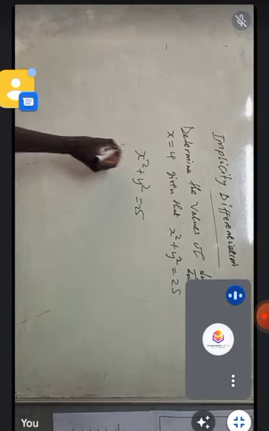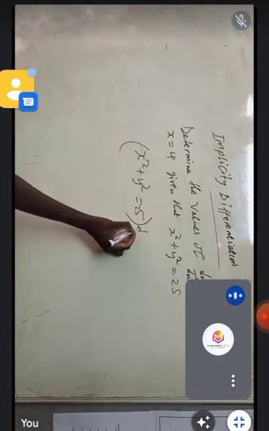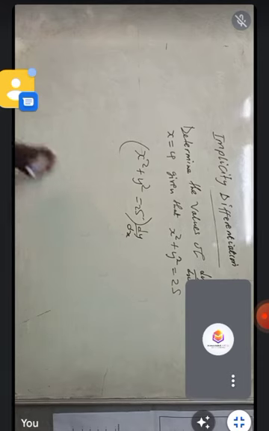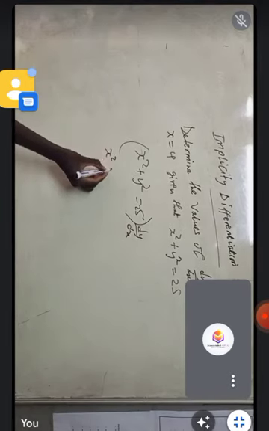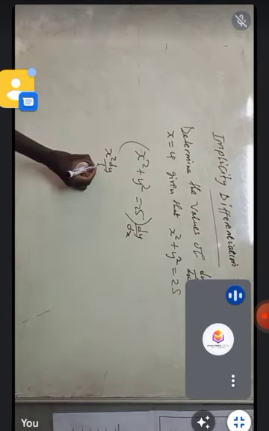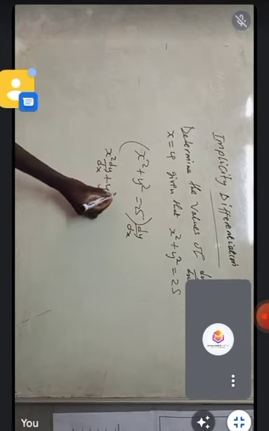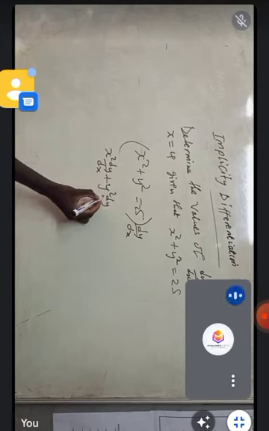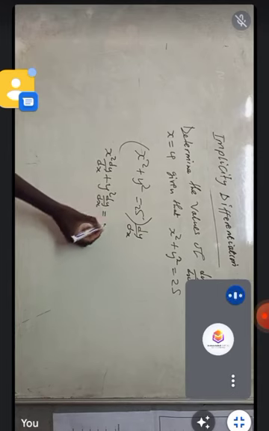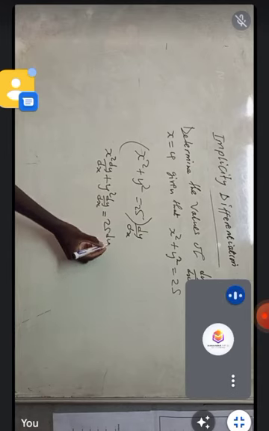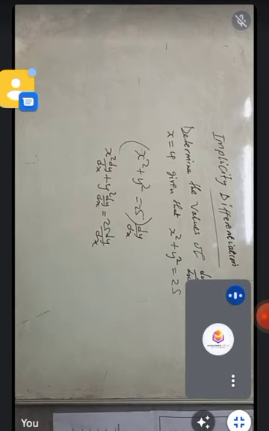So again, I'm going to multiply by dy/dx. So we're going to have x squared dy/dx plus y squared dy/dx equal to 25 dy/dx.